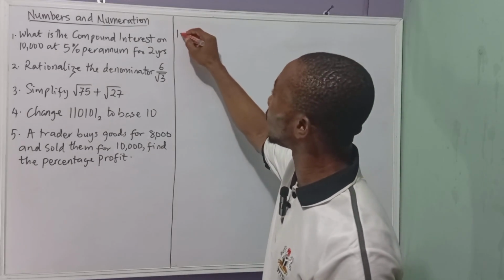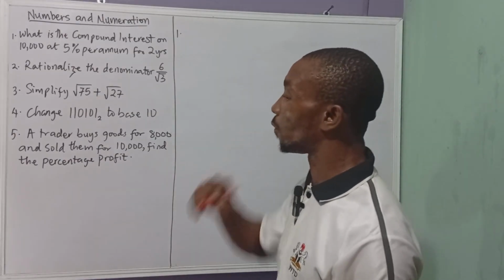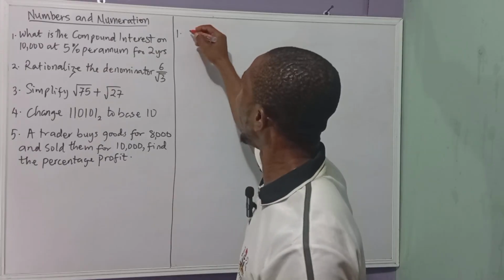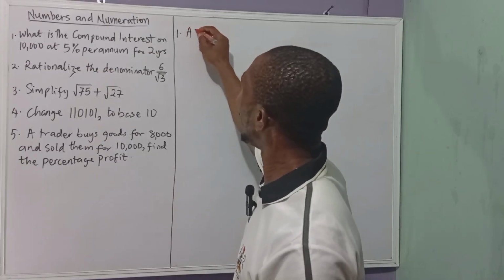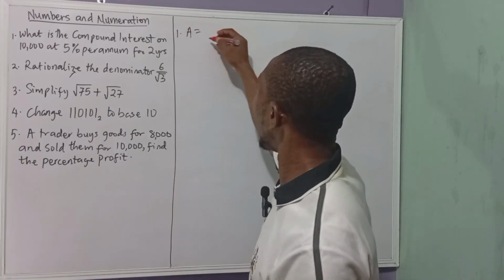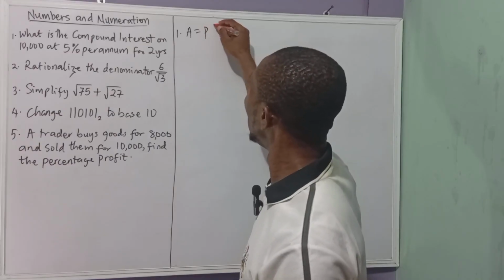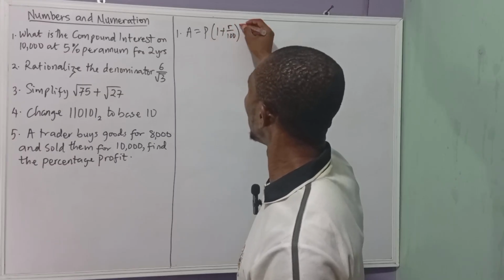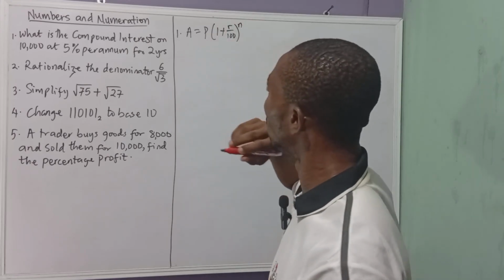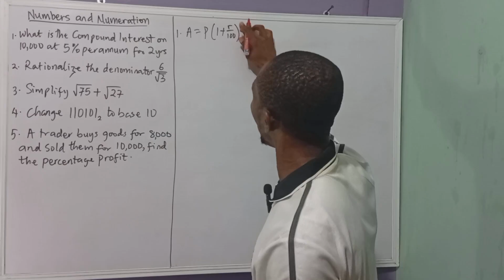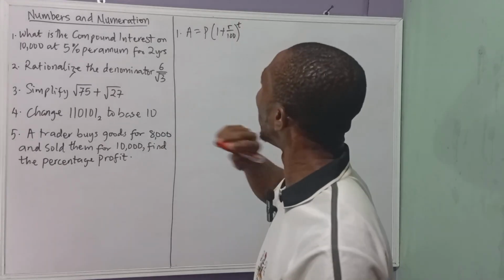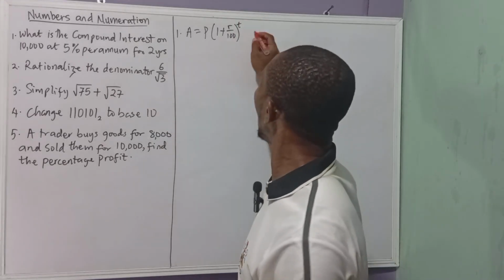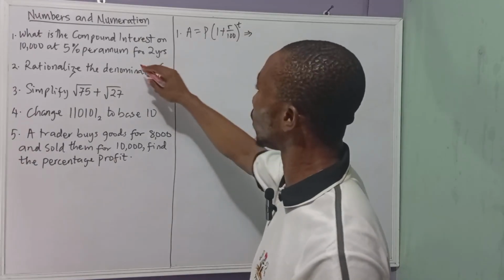Now, looking at our compound interest, we are looking at the formula where we have our amount equals our principal times 1 plus rate over 100 raised to the number of years, n or t. Alright, let's call this t. Now, in this case, our amount is what we are looking for.